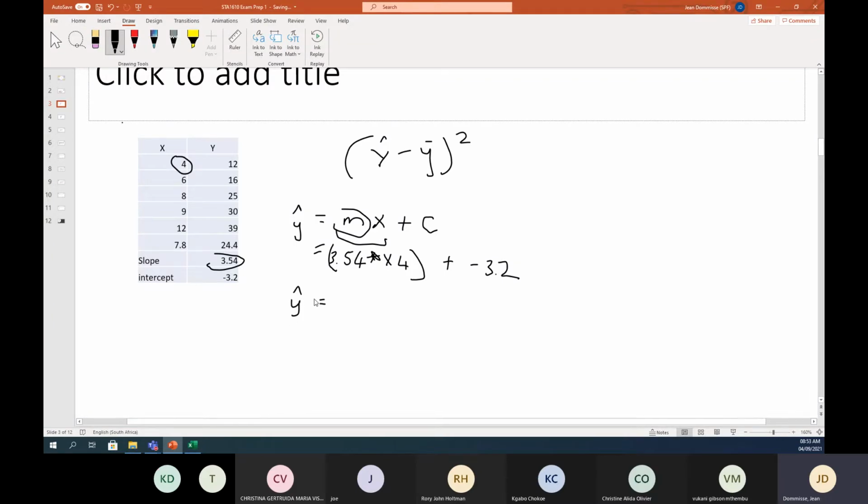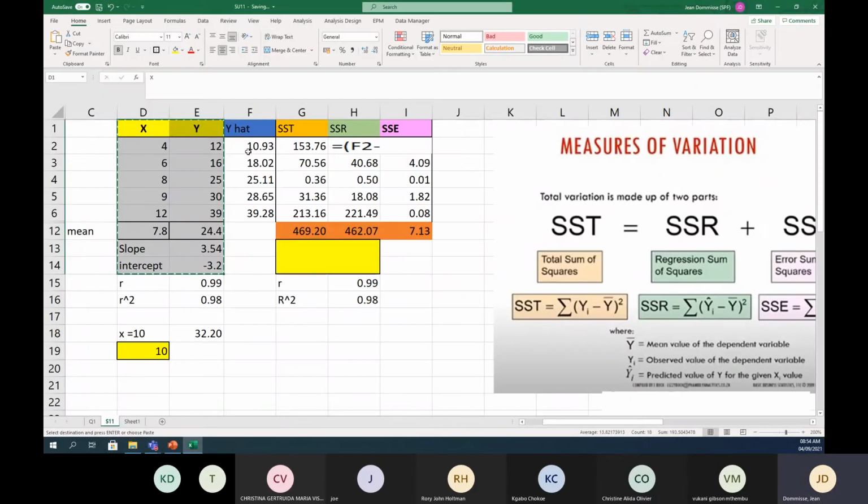And let's just quickly calculate that. 3.54 times 4 minus 3.2. 10.96, and let's hope that is what I got in Excel as well, 10.93.